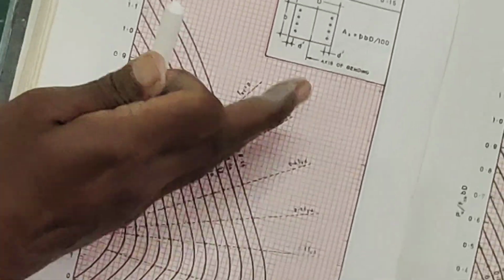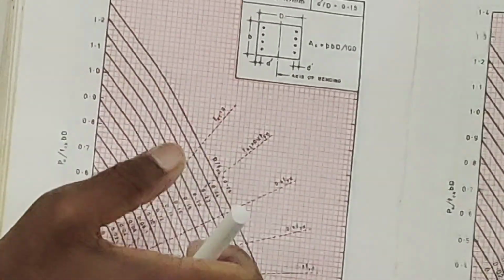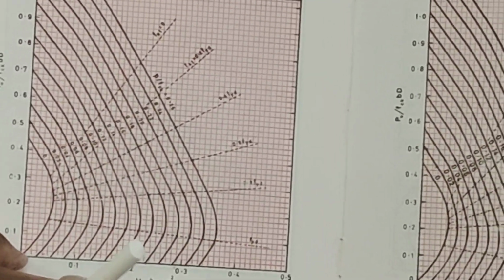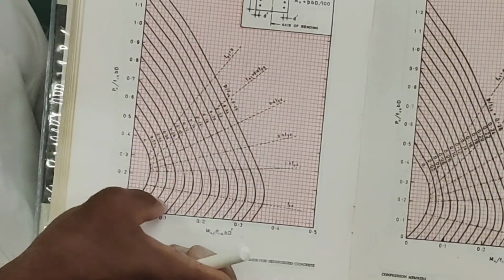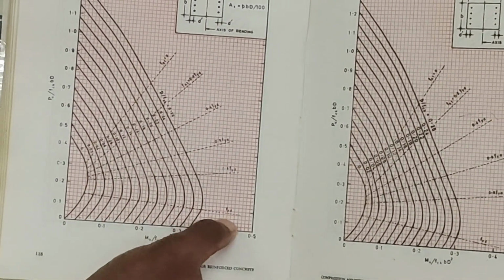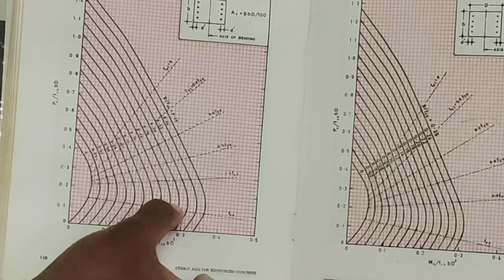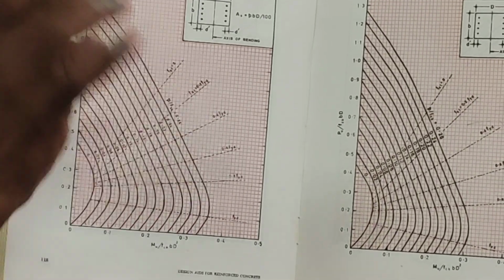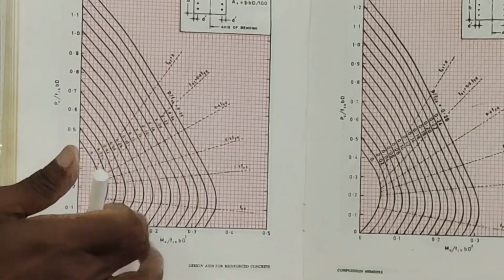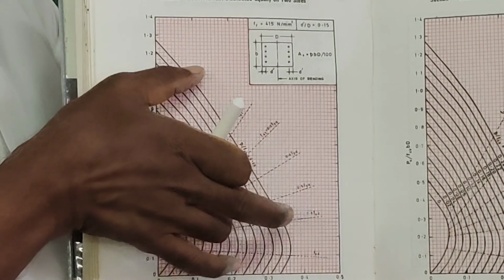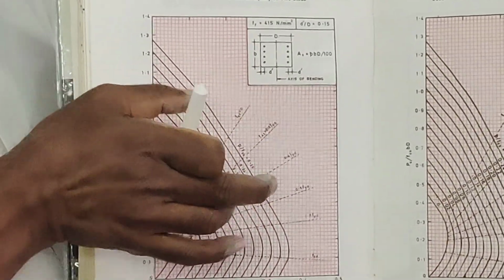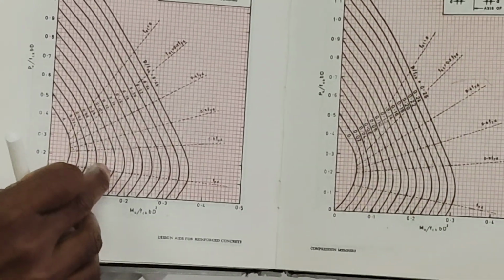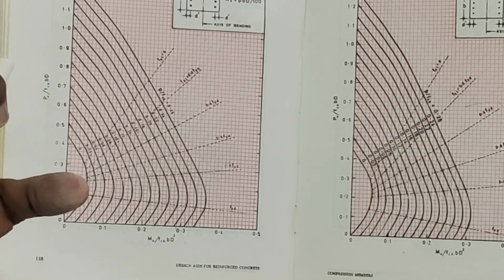That means not all the steel in the tension zone has reached the yield point, because fst equals fyd is here and this point is here. It has reached only 70% of that yield value. The full section is not under compression. Some tension is there, but that tensile stress has not reached the yield point. That also gives you a picture.